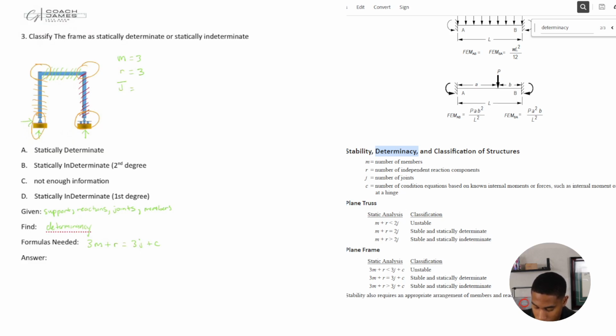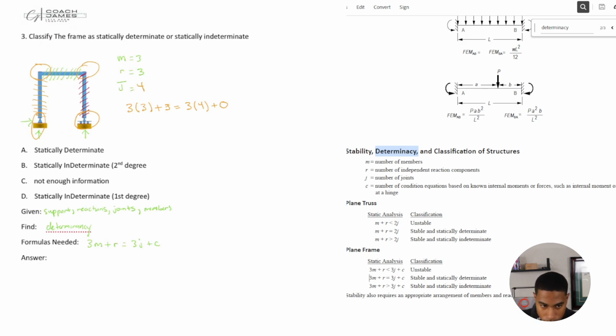And then join this together. So we have 4 joints. All right, so when we plug and chug this, we get 3 times 3 plus 3 is equal to 3 times 4 plus 0.